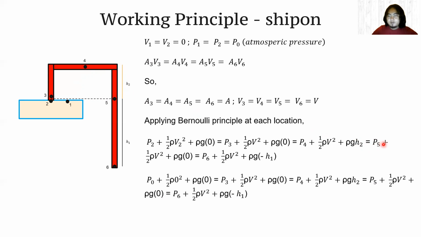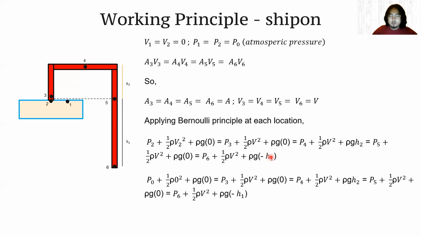And then P5 plus half rho V5 squared plus rho gH. The H is 0 because location 5 is located exactly on the reference line, and it equals P6 plus half rho V6 squared plus rho g times minus H1. Minus H1 is here.